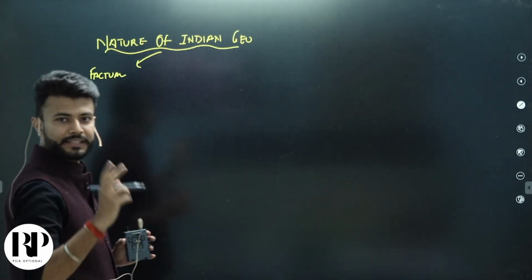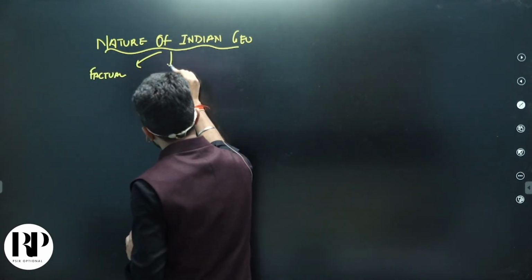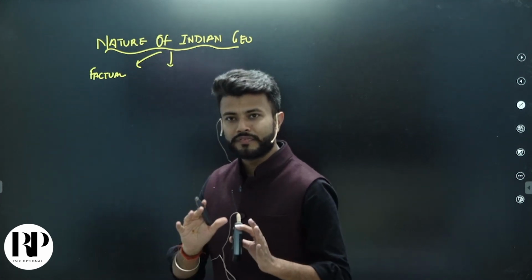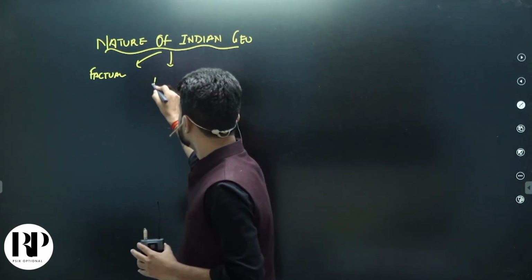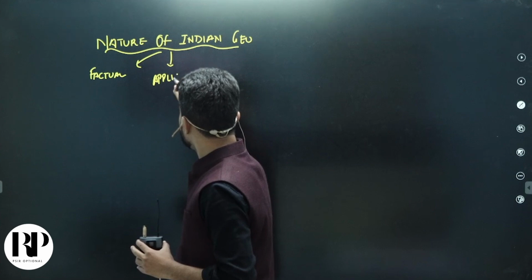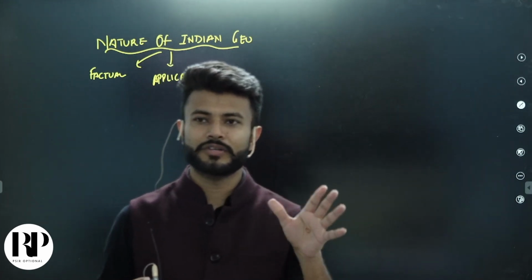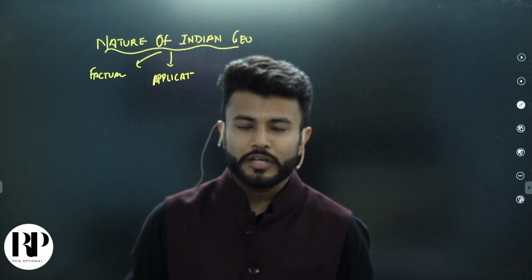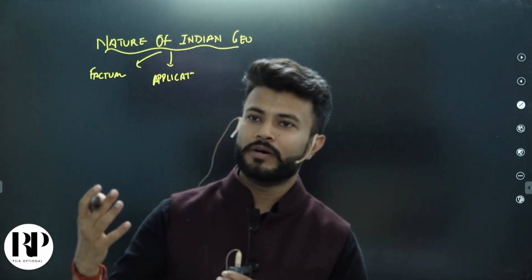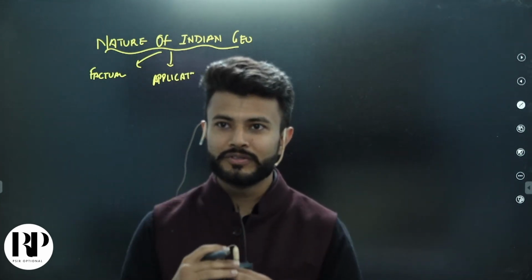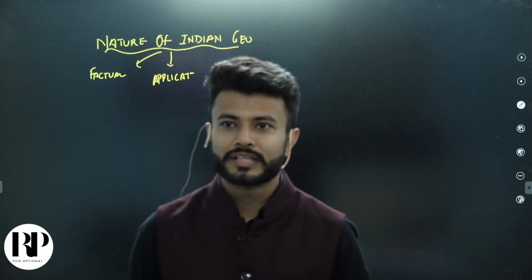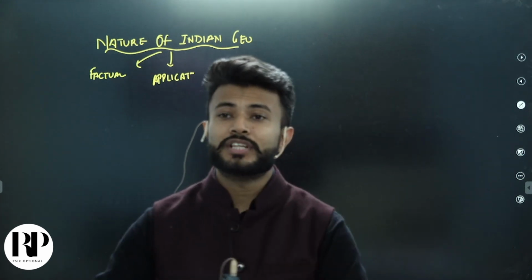Second, the things which you have read in physical geography, you have to apply. This will be an application part. Let's say you must have read about plate tectonics theory and continental drift theory. There are three types of plate boundaries: convergent boundaries, divergent boundaries, and the slide past boundaries, right?